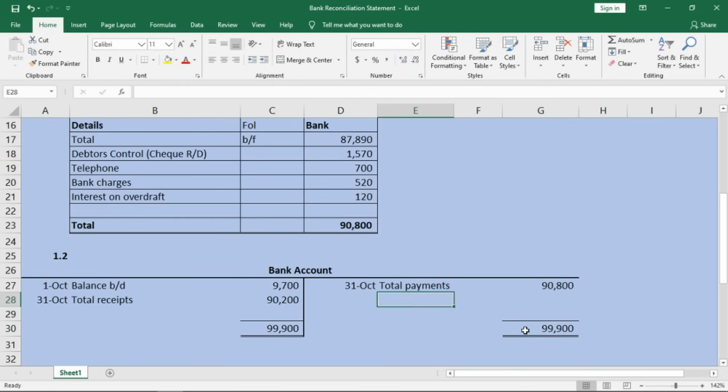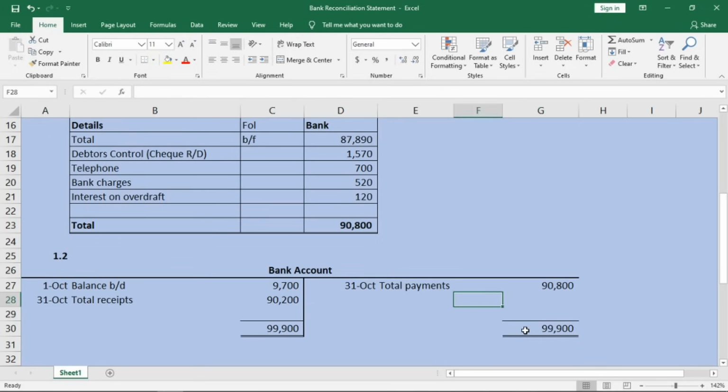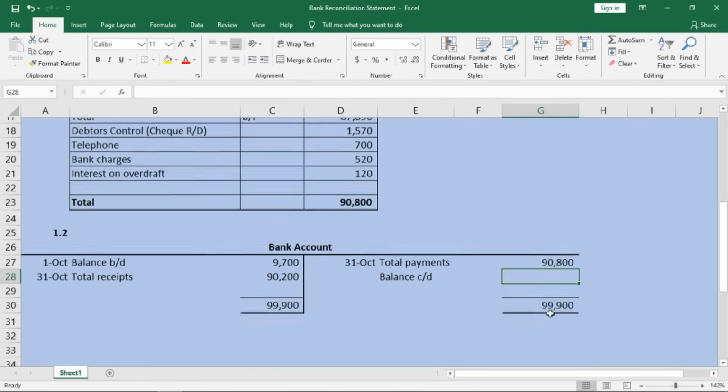And then what is missing on the credit side to make it balance with the debit? We are missing, so let me write here, balance carried down. This is how we do our general ledger if you didn't know, but you can check the link in the description below. You'll find a lesson on how to complete that and how to close off a general ledger.